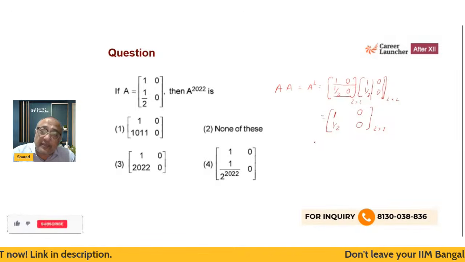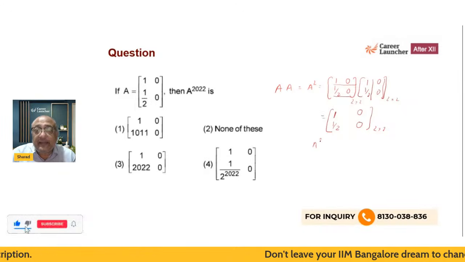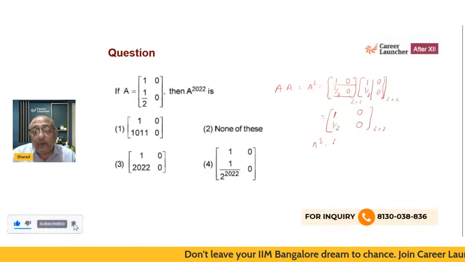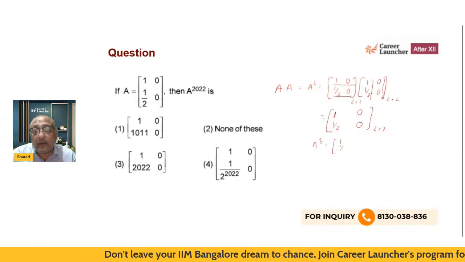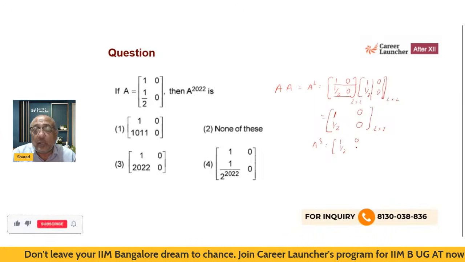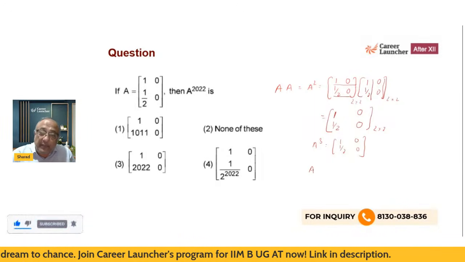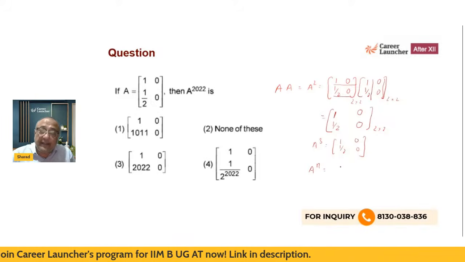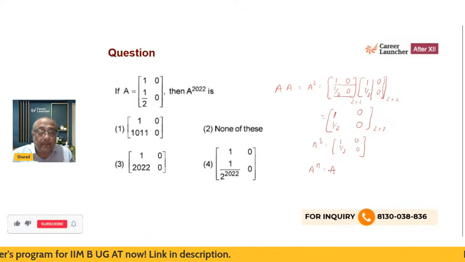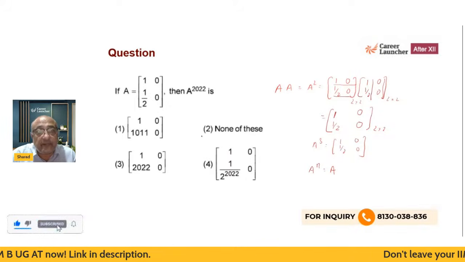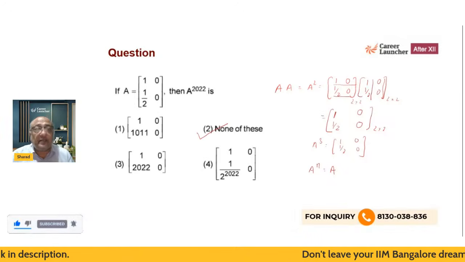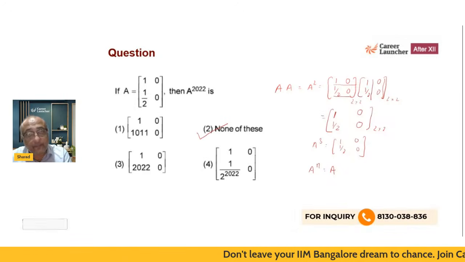So A square is also A. If I take A cube, that will also be this 1, 0, 1 by 2, 0. So in effect, any A raised to power n will be the same as A. Do we have any option which is reflecting A? No. So the answer is none of these.